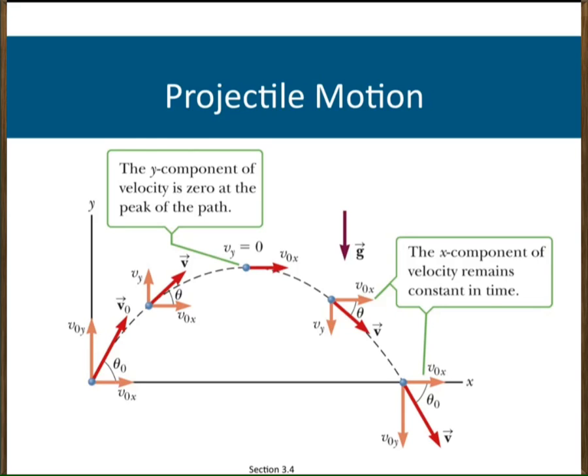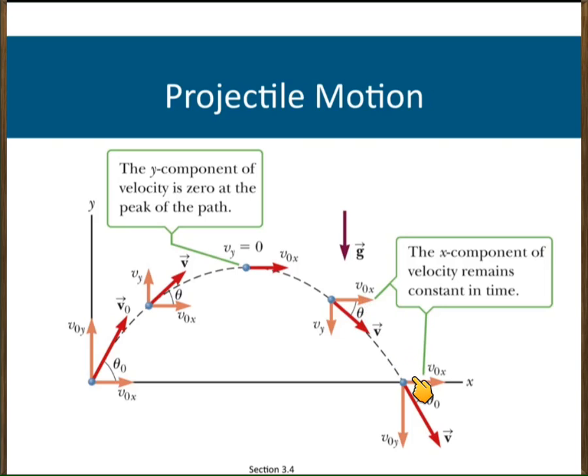Once you throw, what happens to the components of the velocity vector? Does the x component of the velocity vector change during the motion? Just look at the picture. At the start it's this much, and at a later time it's the same parallel vector, the same length.